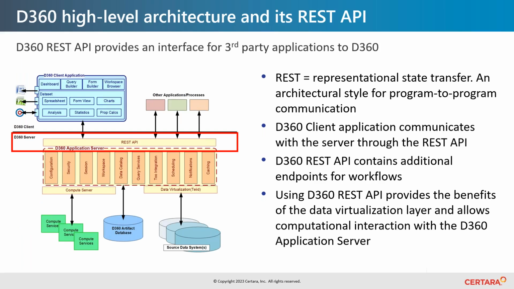So yeah, let's get back to the high-level architecture of D360. As I already pointed out in the previous slide, the REST API sits between the client and the application server. REST actually stands for representational state transfer. It doesn't really mean much in itself, but it's just a description of the architectural style for program-to-program communication.